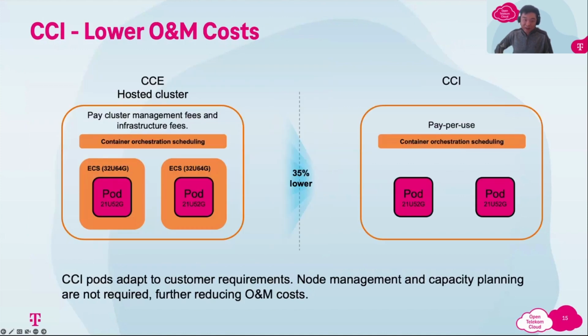With the help of this chart, we can better understand the difference between CCE and CCI. The orange parts on it are the responsibility of the user. On the CCE side, users are not only responsible for the creation and management of the containers, but also for the creation and management of the cluster and work nodes.